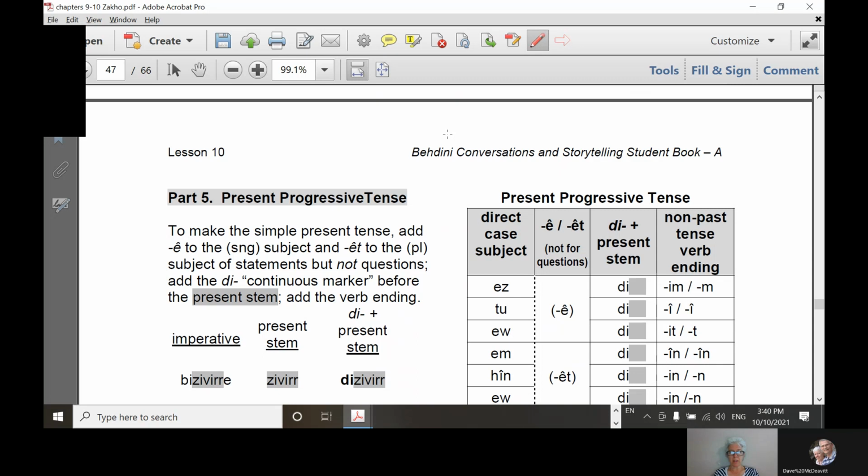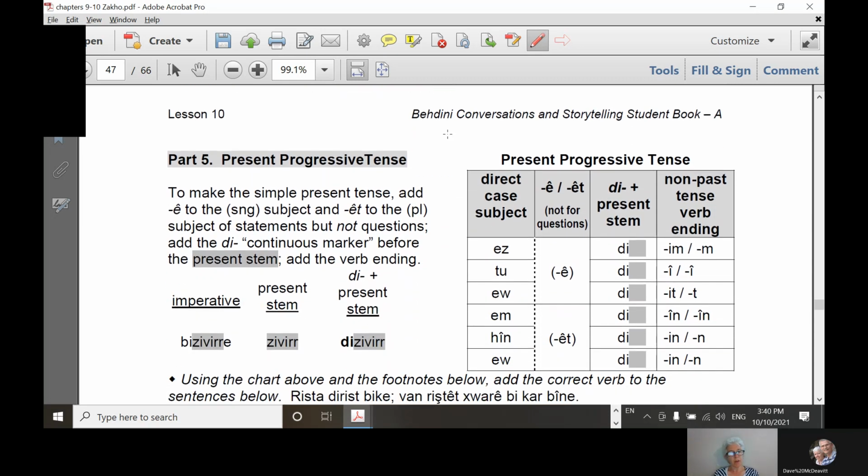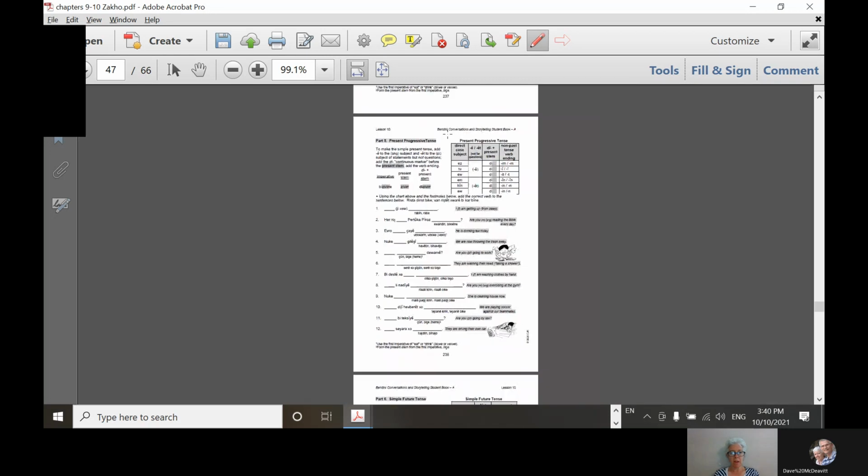Okay, now let's look on page 238 and look at present progressive tense. This is almost identical to simple present tense, which we just learned.